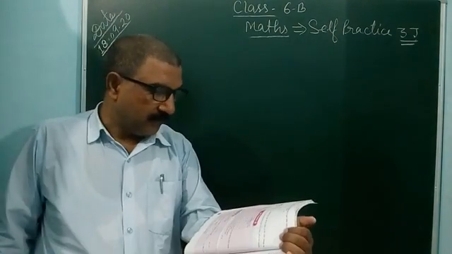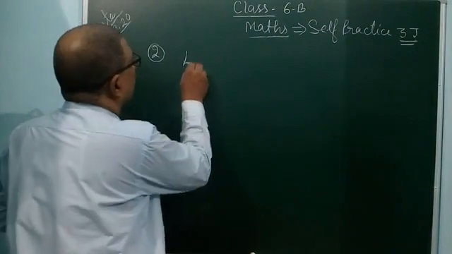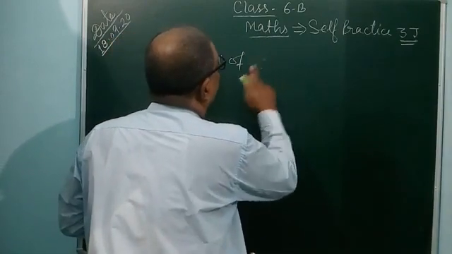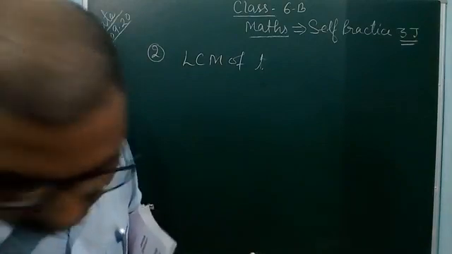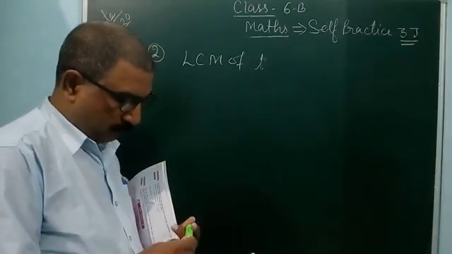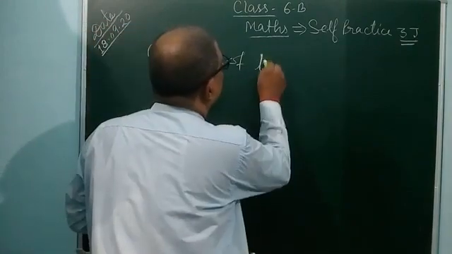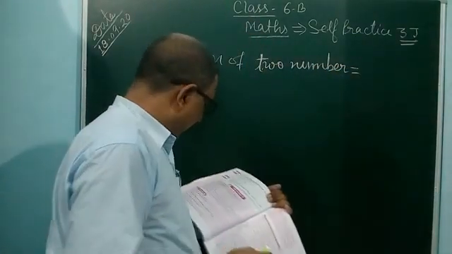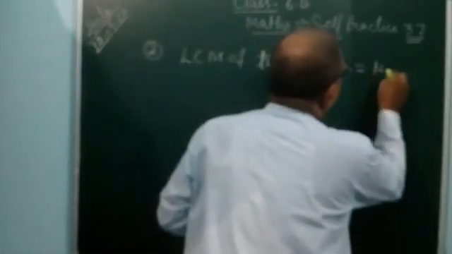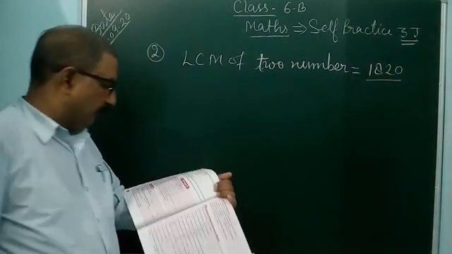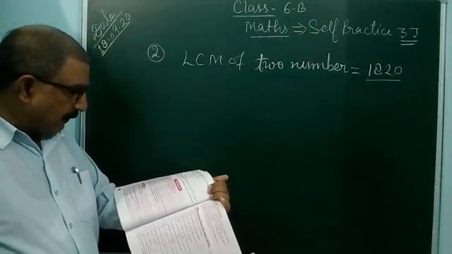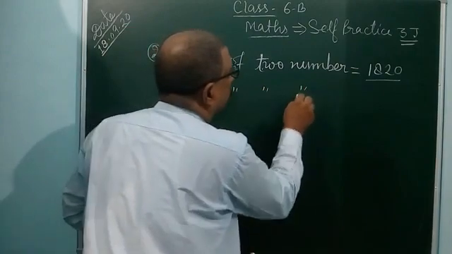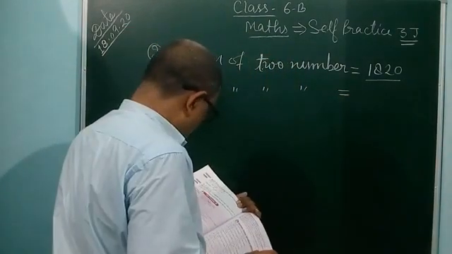The LCM of two numbers is 1820. It is given: LCM of two numbers is equal to 1820 and HCF of the two numbers is 26.